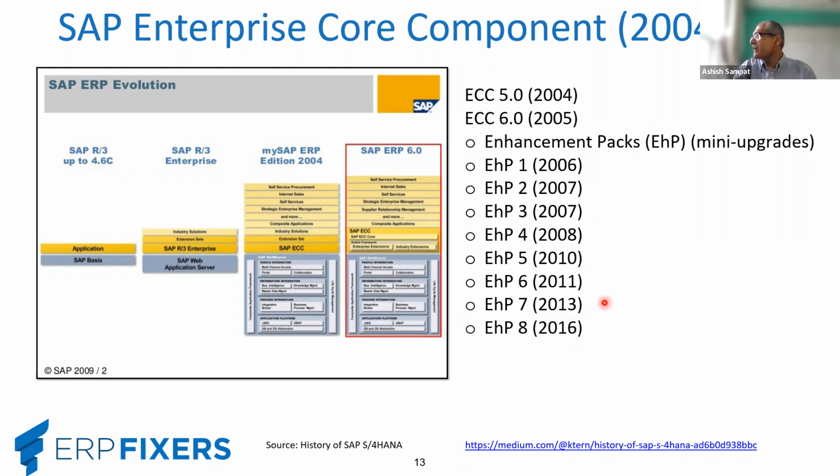Now, an enhancement pack has multiple messages, SAP notes, as well as new features that come up from time to time. So enhancement pack 4 is when LOG-SIT was introduced, which is our valuated stock in transit, which is a big benefit to finance and controlling personnel. Mainly because you can see the stock coming in from vendors to us or intercompany to us.